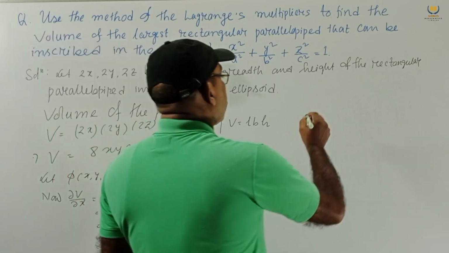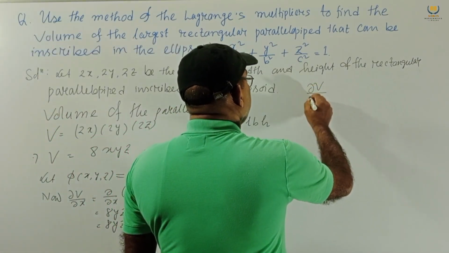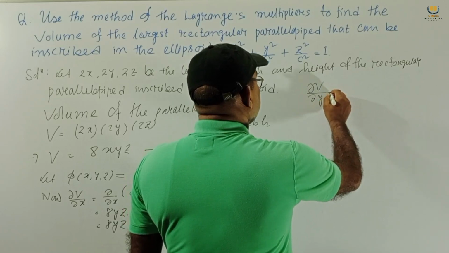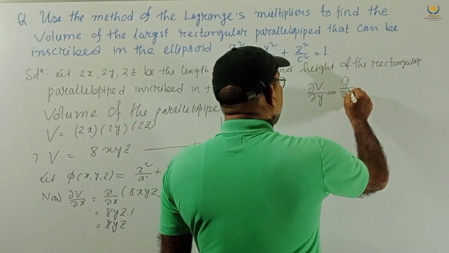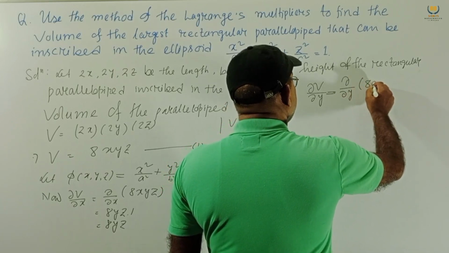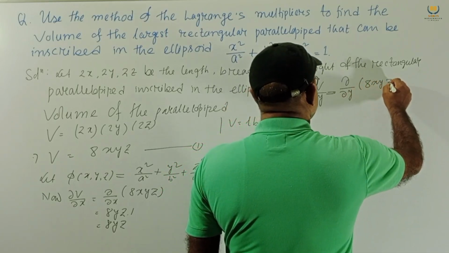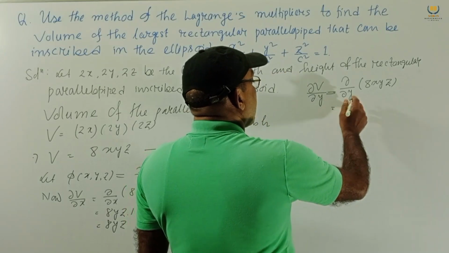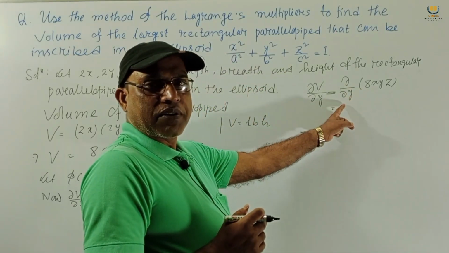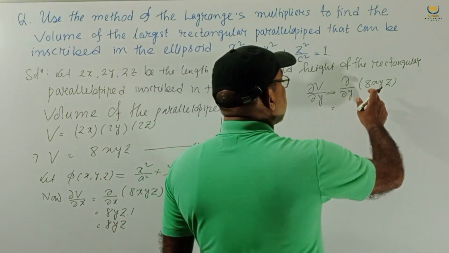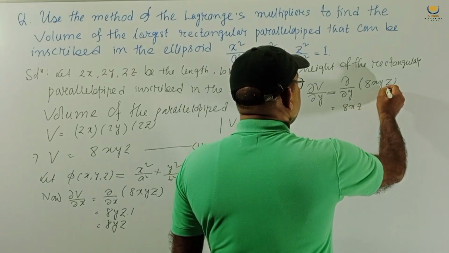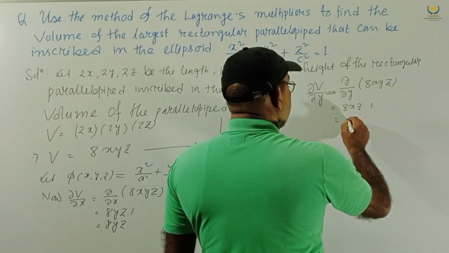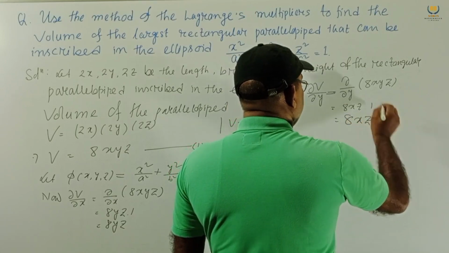Next, del v by del y equals del by del y of 8xyz, and we differentiate partially with respect to y, then x and z are constant. 8xz constant and del y is 1. So 8xz we get.